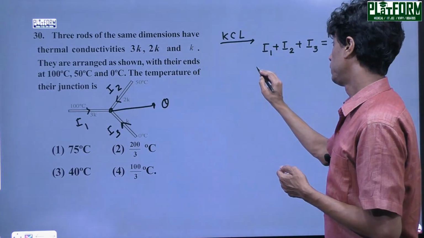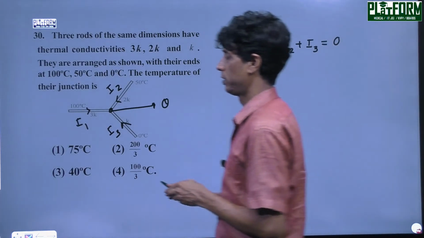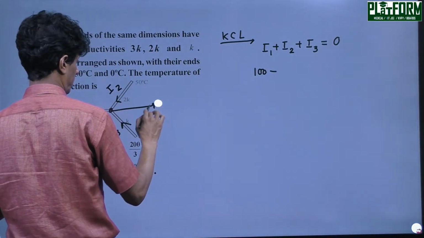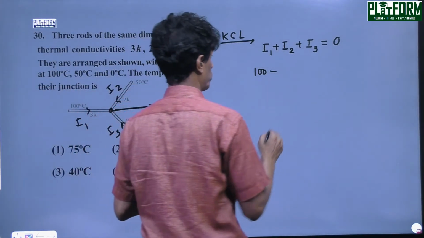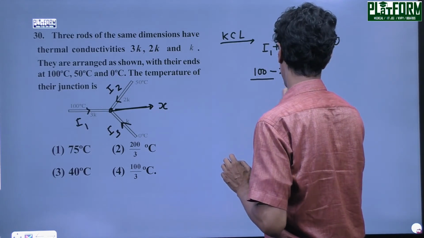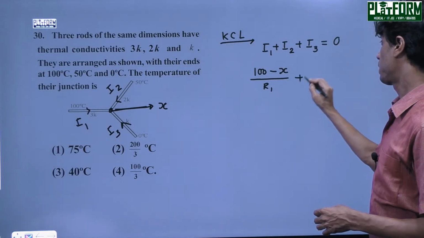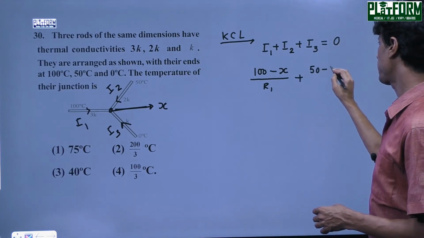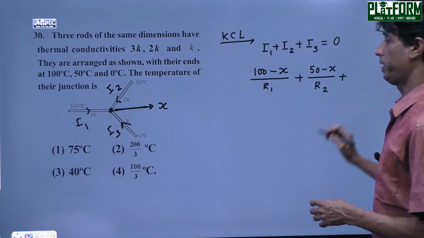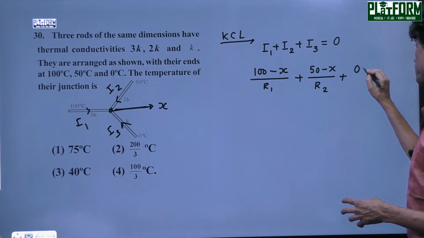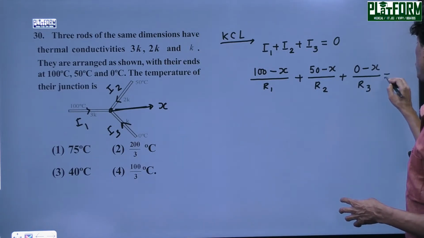And you know the current is 100 minus the temperature of the unknown junction, let us say it is X, so temperature difference by thermal resistance, plus 50 minus X by thermal resistance, plus 0 minus X by thermal resistance, equal to 0.